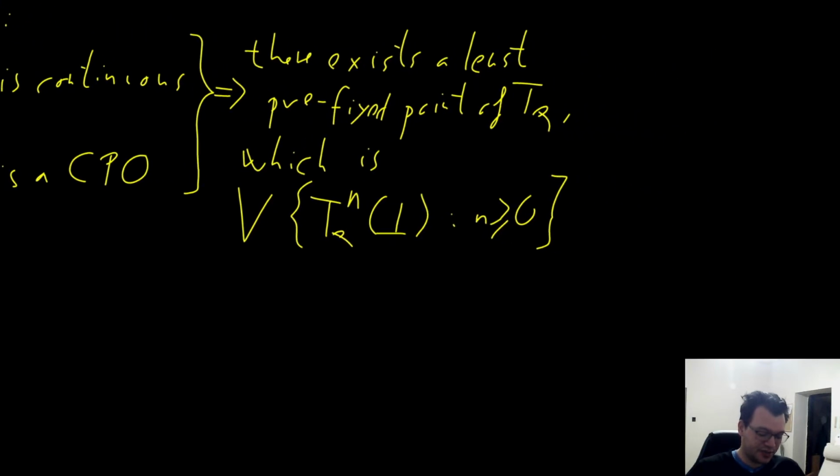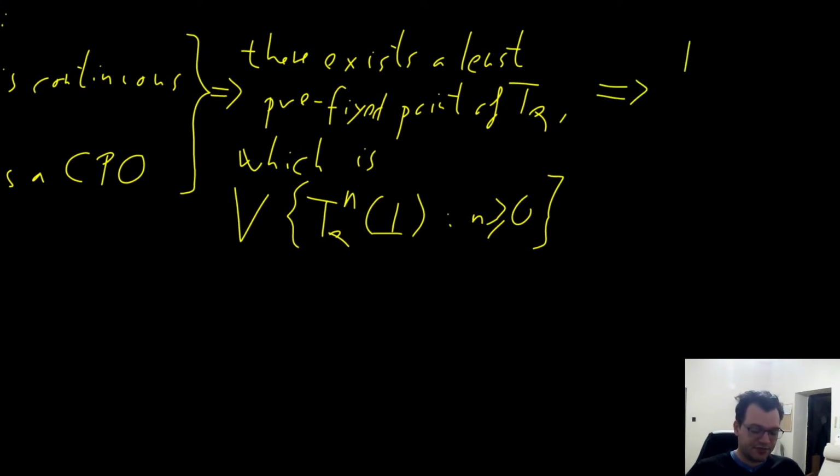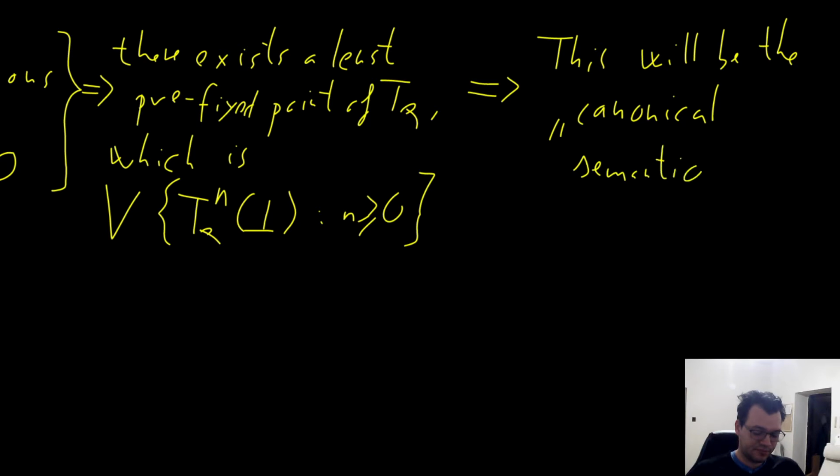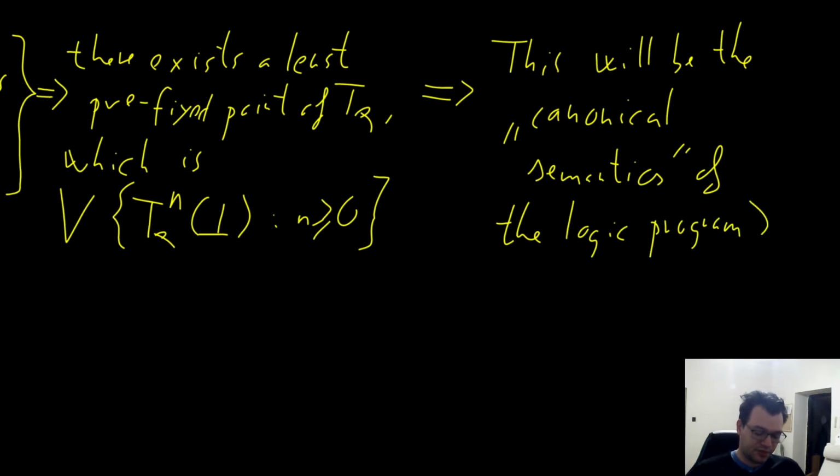And this least fixed point will be the so-called canonical semantics of the logic program P. So basically our aim of defining the correct semantics for logic programs will be solved by this step, because we want to have a model of a program.